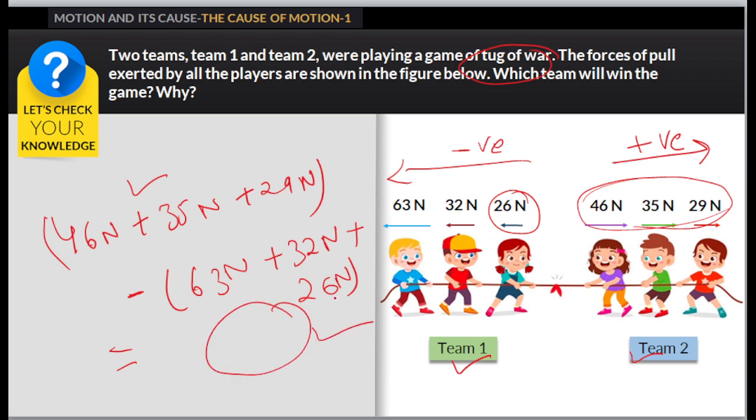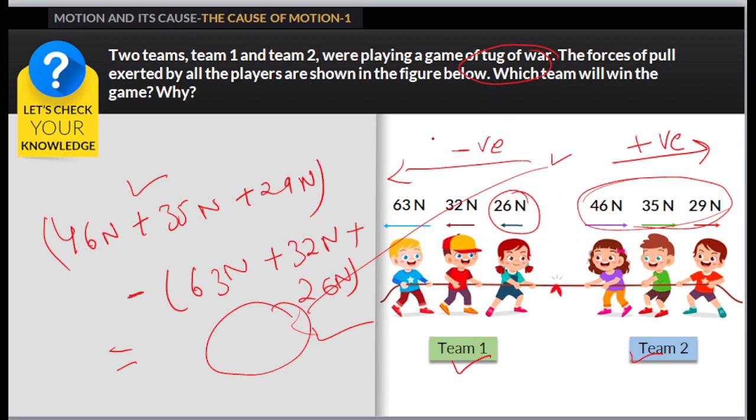Okay, so we can see this is how we calculate the net force, and net force is basically the force that is showing the impact, right? So in this case, they both are applying force, but the impact that would be shown will only be because of the net force, right?